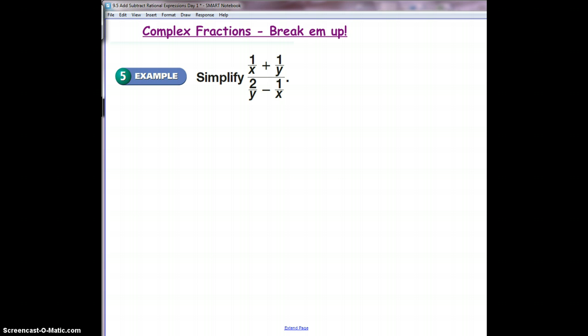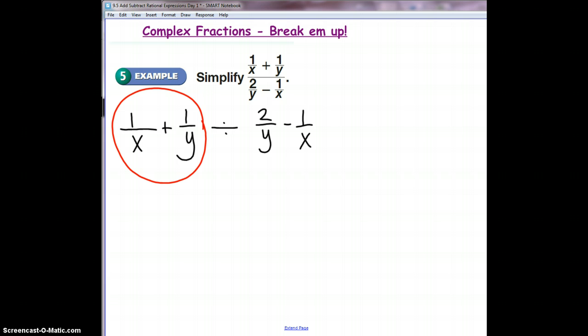All right, guys, here we've got a complex fraction. Just like on Monday, you're going to break them up and use the division symbol that you used back in elementary school. All right, so what we're going to do is combine this first expression right here.